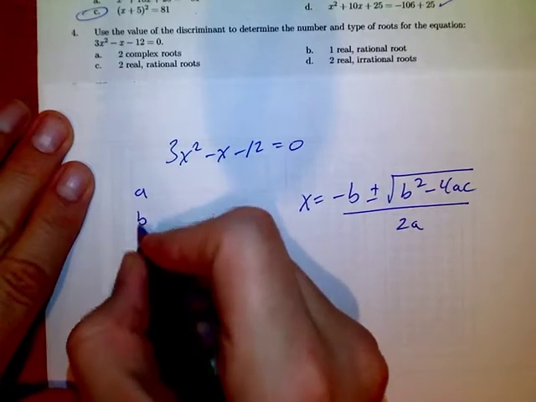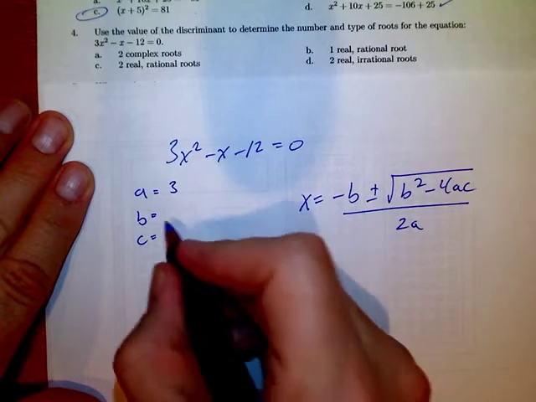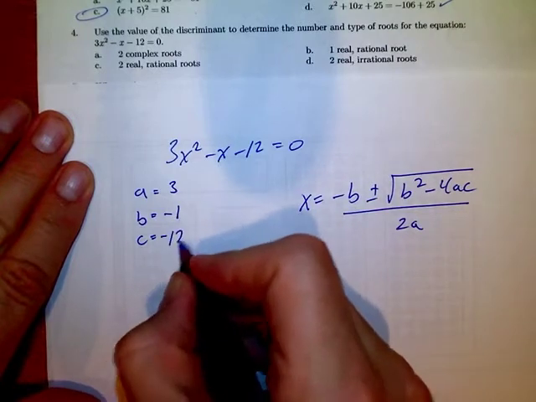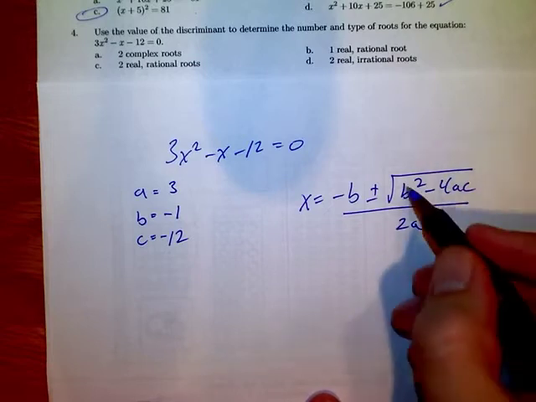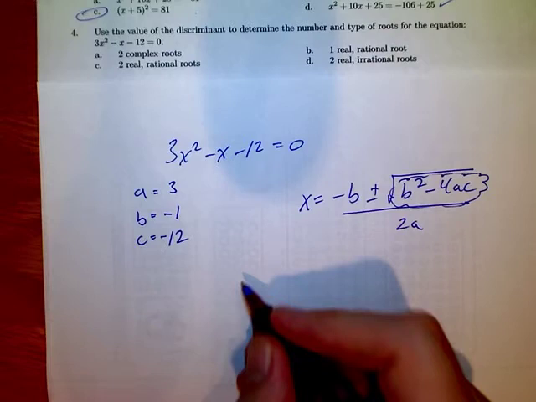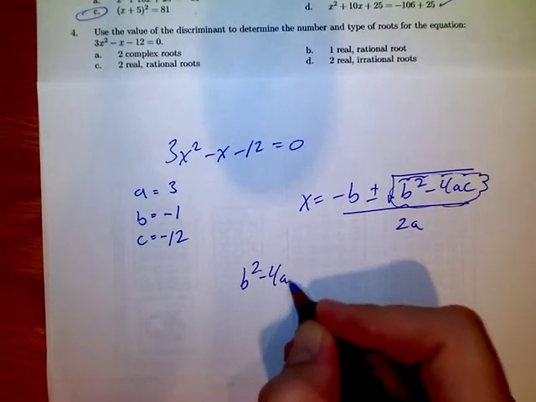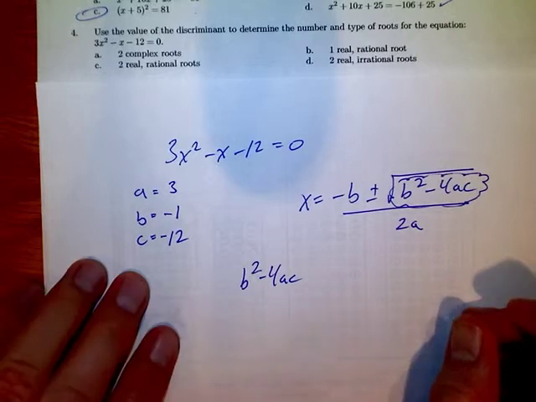Now in this case, a is 3, b is negative 1, and c is negative 12. So what are we talking about? Well, the discriminant is this part here in the square root, b² - 4ac. So let's see what that comes out to and then analyze it from there.